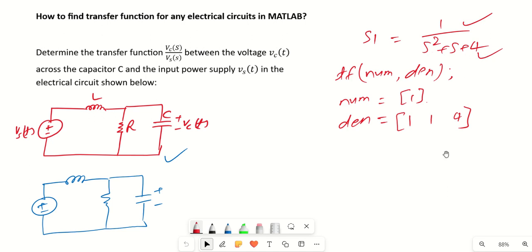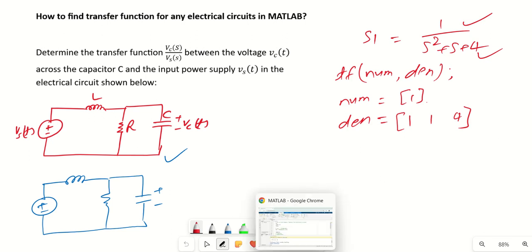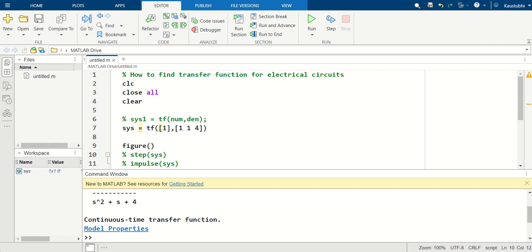Now we'll open MATLAB and see how it works. This is my system, system 1, which is TF of numerator comma denominator. If you want, you can put numerator equal to whatever the numerator is and denominator equal to that, and it will give you the answer.